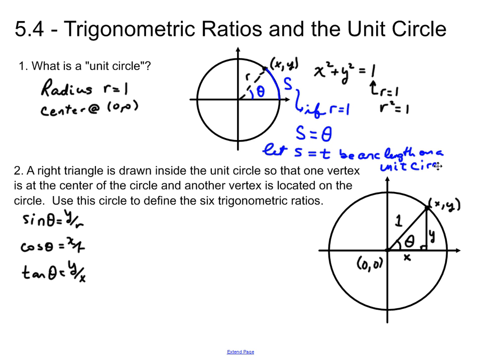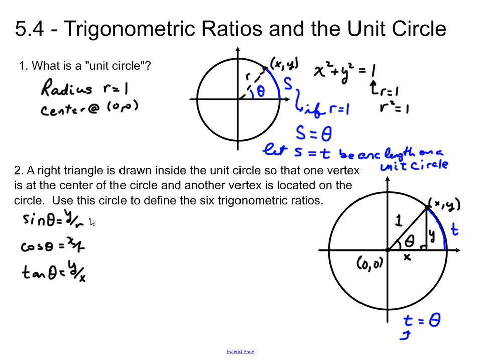I've got my unit circle below here, and this arc length right here is t. In this circle, we're going to equate it. We're going to say t is the angle theta, and t is the arc length on the unit circle.